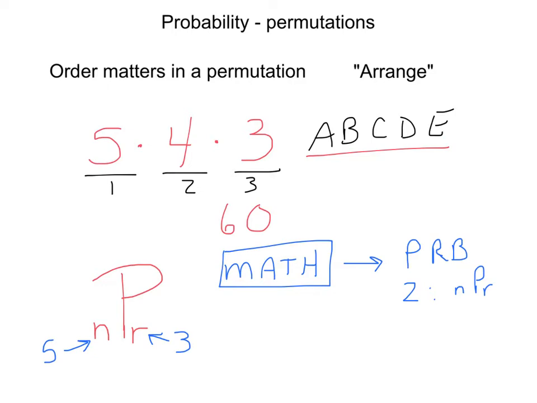So for this particular example, if I was to write this in permutation notation, I would say I have 5 people and I am arranging 3 of them. So 5 permutate 3. What I would do in my calculator is I would first put in my 5, then I would go to my math menu, pick probability, and the P, the permutation of n things r at a time, and it would put this on my screen, and then I would put in my 3. And when I hit enter, I should get the answer of 60.